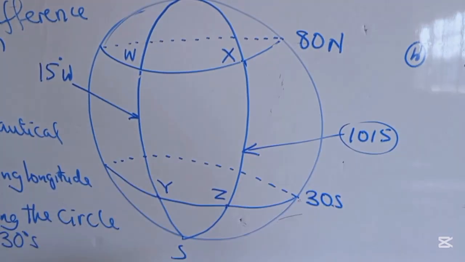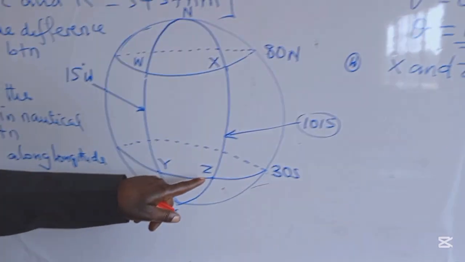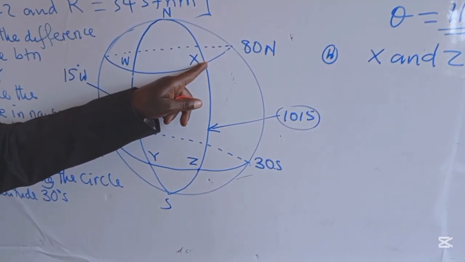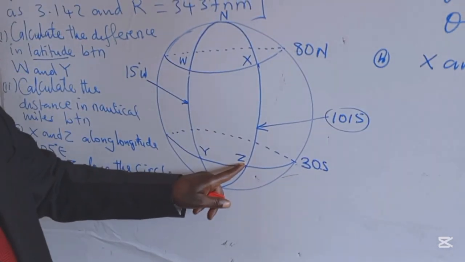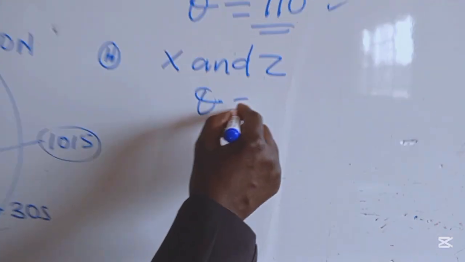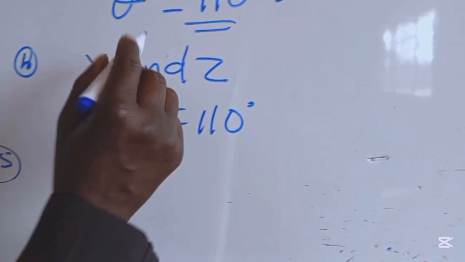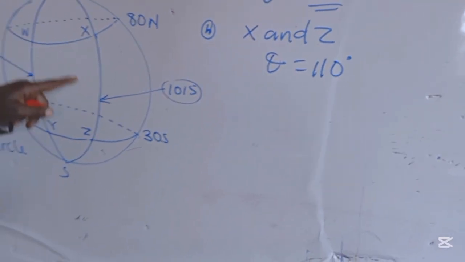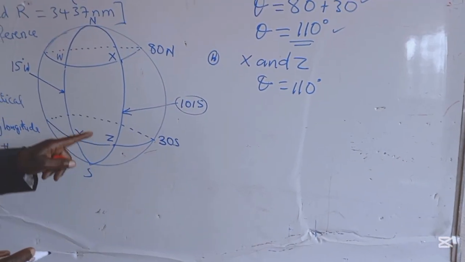So how do we do this one? You have to use the theta. The theta is the difference between the latitude where X is and Z. That is your theta. So in this case, our theta is 110, which you have already found on top there. So the difference, that is your theta.